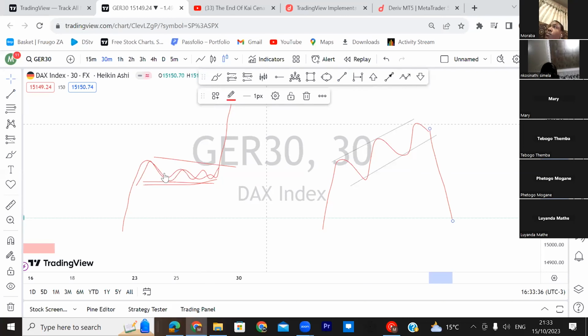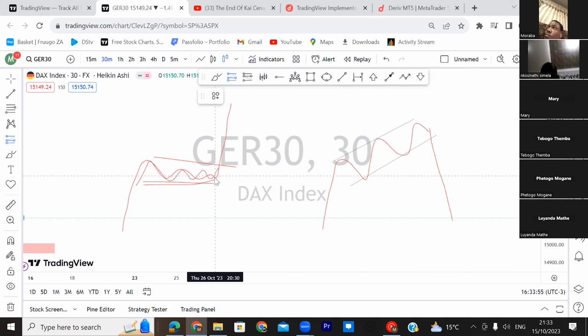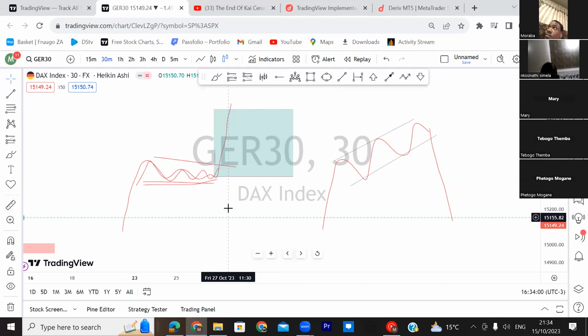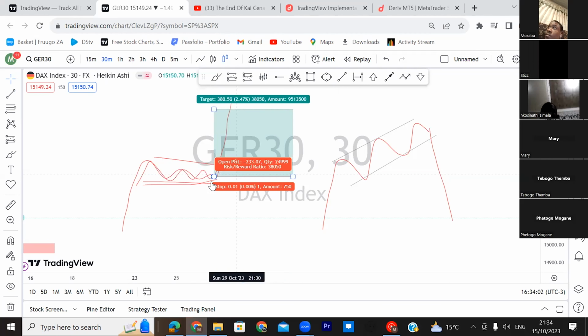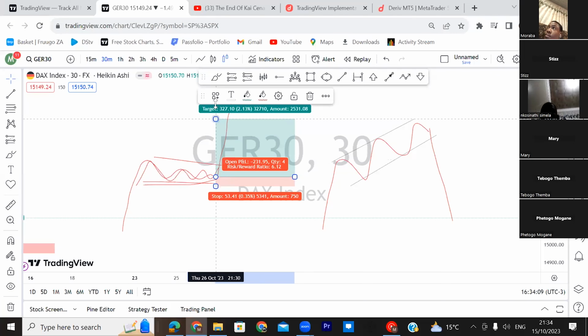So these two kinds of corrections are very important when it comes to your entries. So you need to know, okay, this correction is continuing, so you're going to look for entries to scale in a buy when it comes to continuation correction from the price coming from the downside going up.